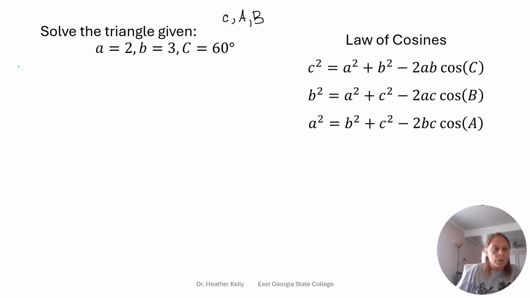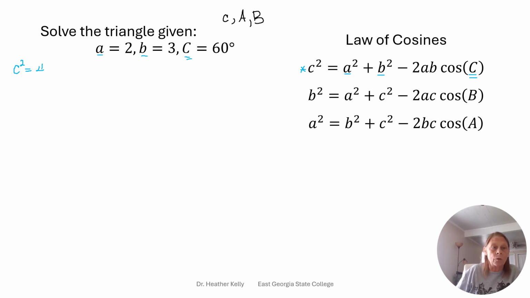So here we're going to use C squared is equal to, because we're looking for C, right? And we know we can use this because we have A, we have B, and we have angle C. So of course we can just straight up plug and chug this guy.